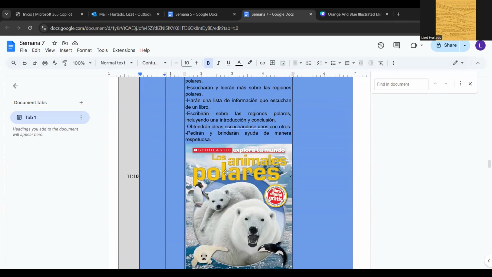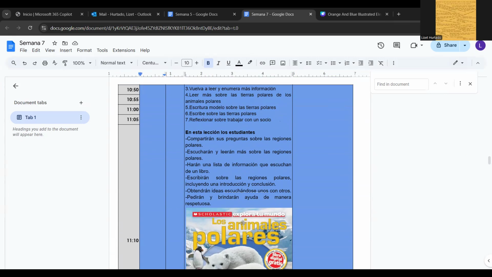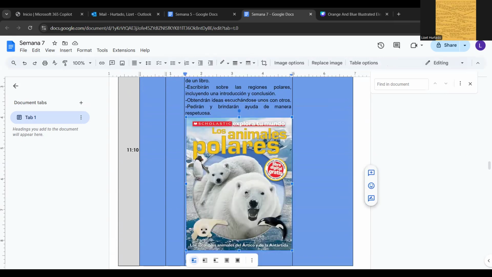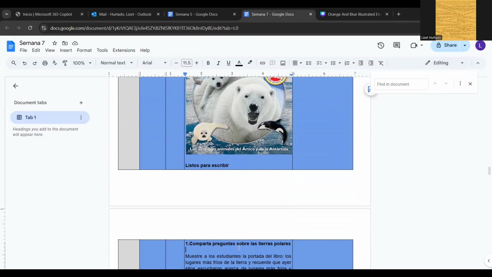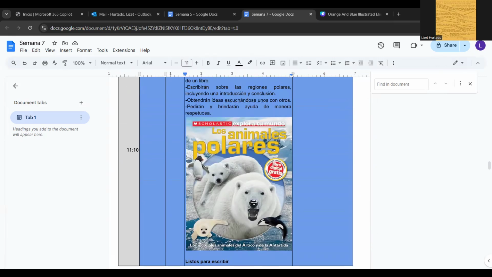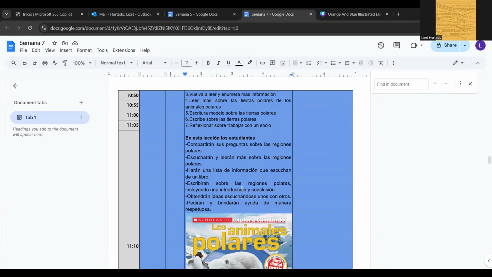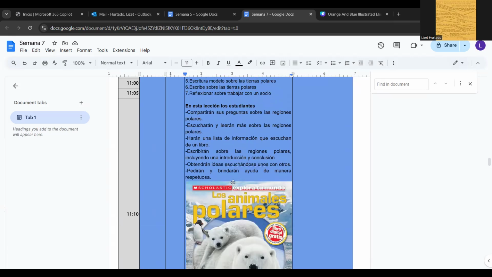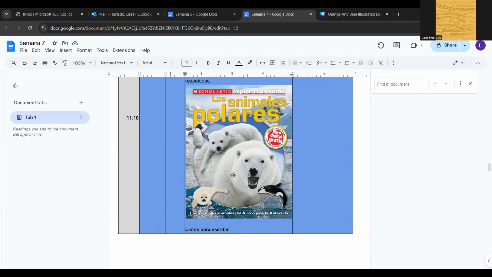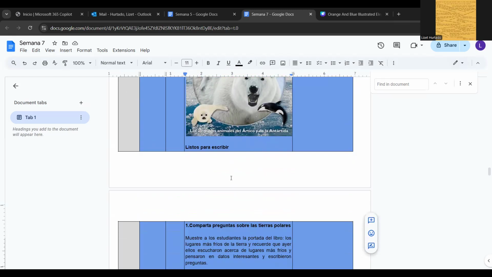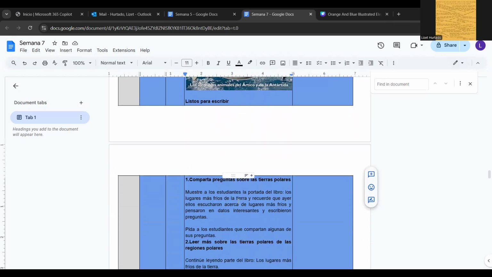In that week, we were working on animals, but we focus on this book, which is Los Animales Polares. These are stories, and they show characteristics of the animals that are in certain places. The school has this Scholastic link, but it's nice. They have the stories, the books, also audios, questions. So we work on this.